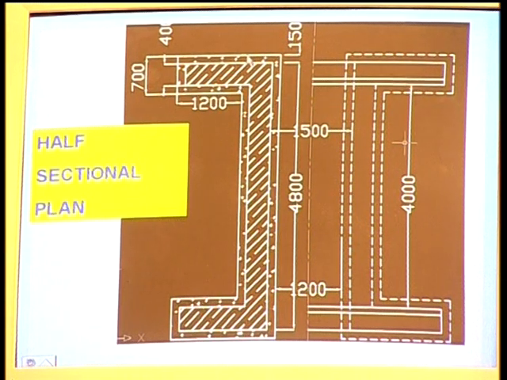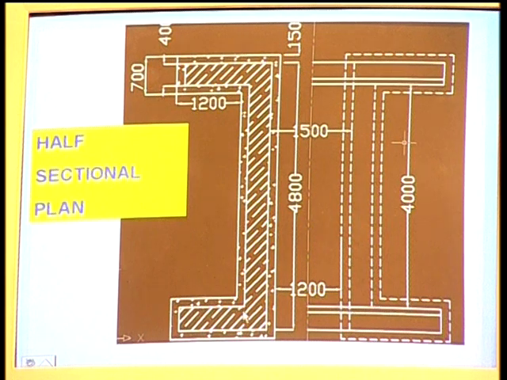Then you have offsets all round the abutments, and this dashed hatched portion is the return and this one is the abutment. And now this one is the offset, and here you can see 700 is the width of the trench, and that is 700 minus 400, 150 on either side, and this 1200 is the length of the return.